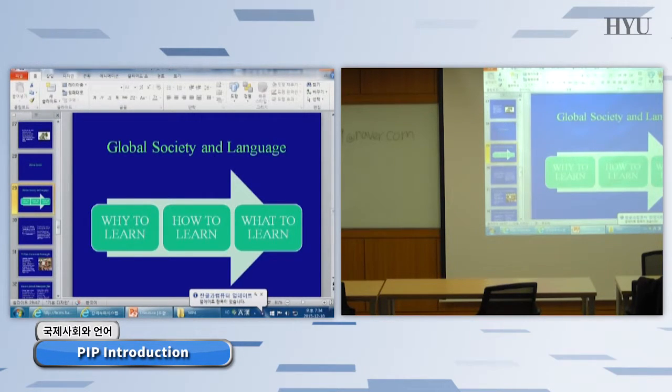Then we can go back to history and put English in its historical context. This is the first, the local trail of English. After tracing the local trail of English, we will move to another trail, the global trail of English.